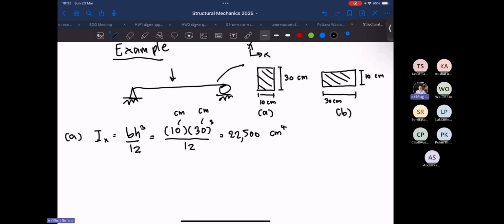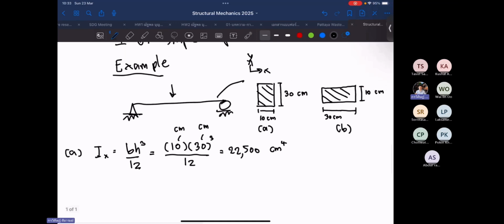And this is the moment of inertia of this beam against the load coming from the y direction. If the load comes from the y direction, we need to use the moment of inertia in the x direction, because the x axis is the one that withstands the load from the y direction. In other words, the y-axis can be used to support lateral force, which this beam is not designed to withstand. So we determine only the x-axis is okay.